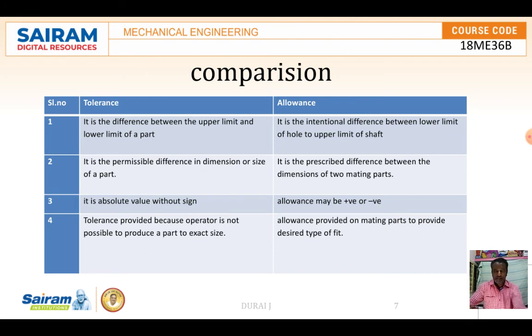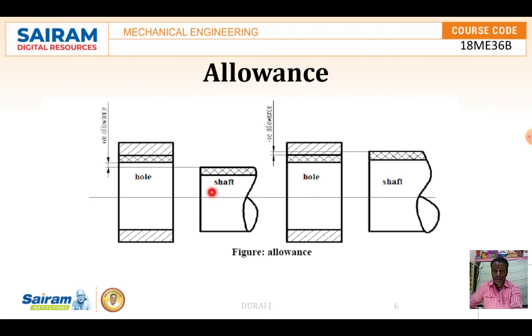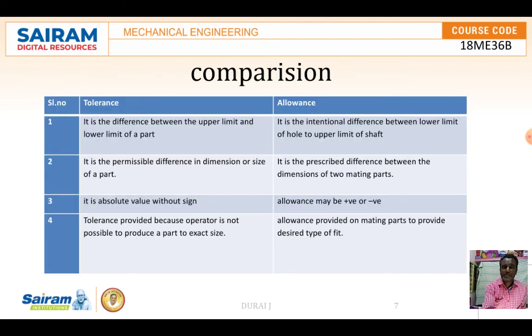So here this is the lower limit of the hole, this is the upper limit of the shaft. The difference between these is called allowance, but the difference between the upper limit of the shaft and lower limit of the shaft is tolerance. Upper limit of the hole minus lower limit of the hole is tolerance. So this is the difference between allowance and tolerance.